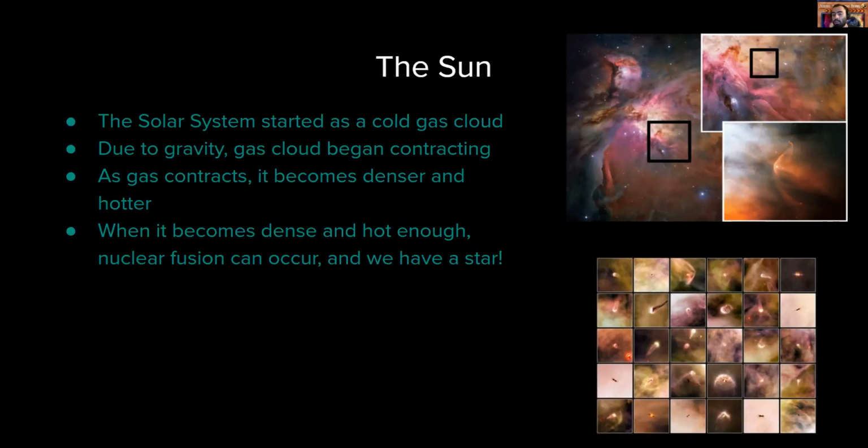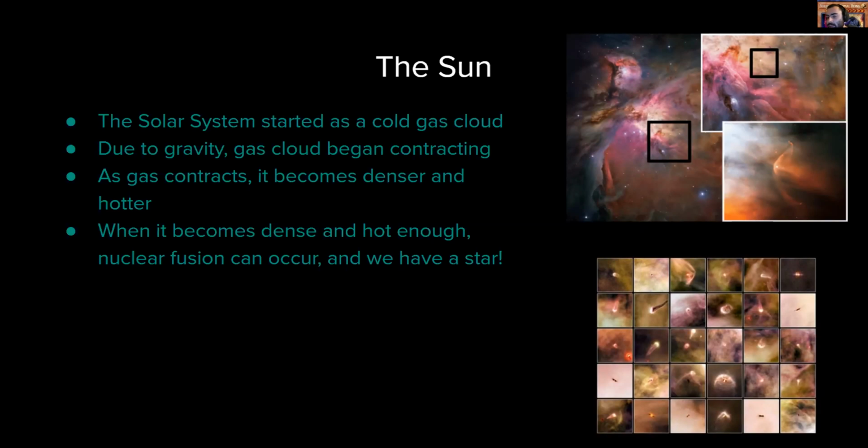On the right side of the slide, you can actually see this happening in other star systems. In the top right image, you can see the Orion Nebula, which is a giant cloud of gas that you can see with a telescope really clearly. There's a series of zooming in pictures, and there's a small little dot at the center of the most zoomed in picture.